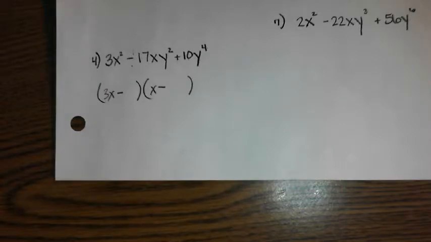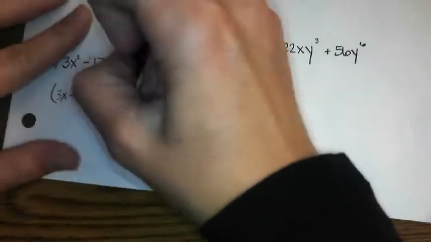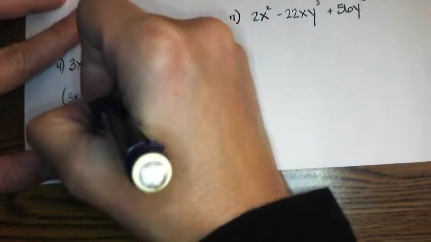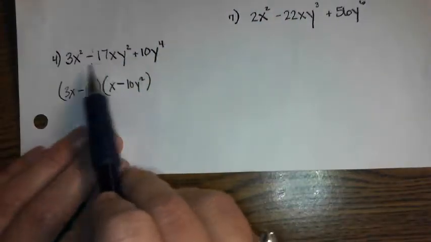So now we have to try, and by the way, order also matters here, because the outer is going to get multiplied by the 3, and the inner is only going to get multiplied by the 1. So I'm just going to start playing around. I'm going to start with 1 and 10. I'm going to put my y squareds in there and leave it. So my outer product now is what?